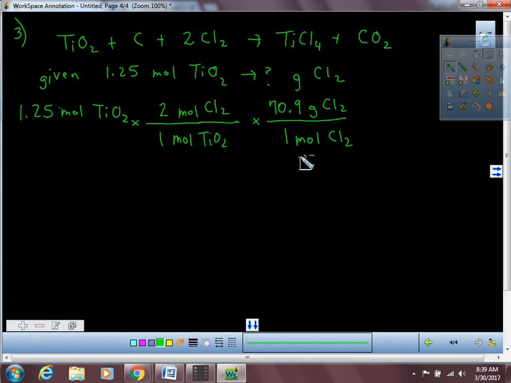Now I cancel what I can. So moles of chlorine cancel. Moles of TiO2 cancel. Multiply across 1.25 times 2 times 70.9. And the bottom is all ones. Agreed?